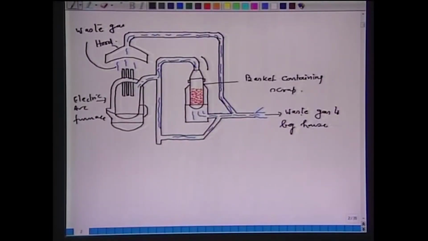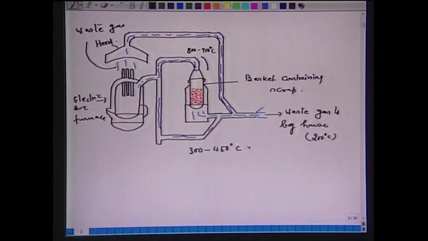The waste gases may be entering at around 800 to 900 degrees Celsius. The waste gases discharged to the bag house are of the order of 200 degrees Celsius. The scrap gets heated up to a temperature of 300 to 450 degrees Celsius.